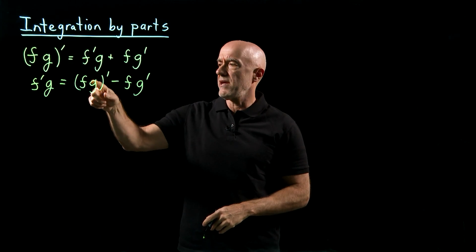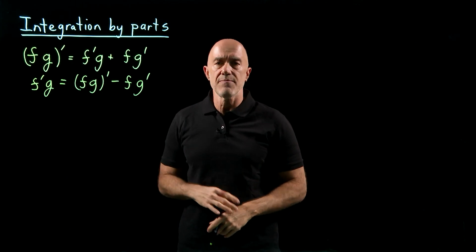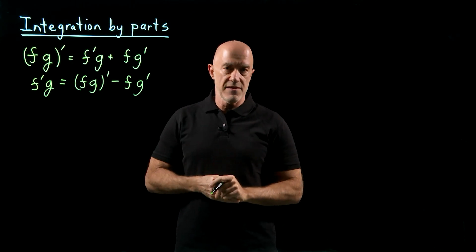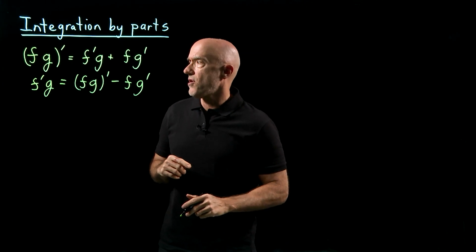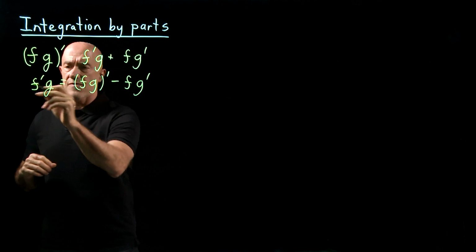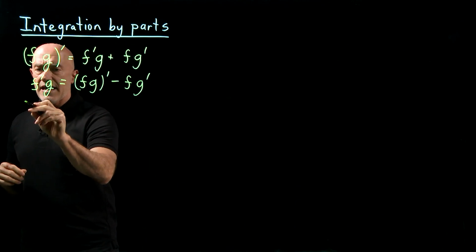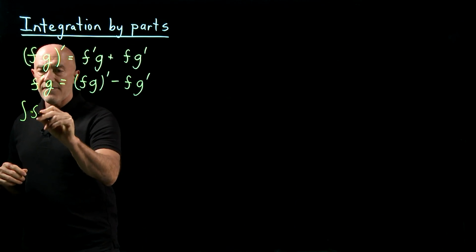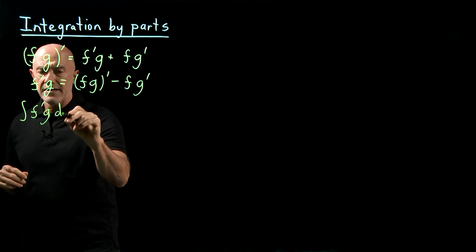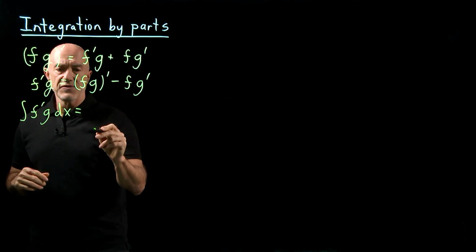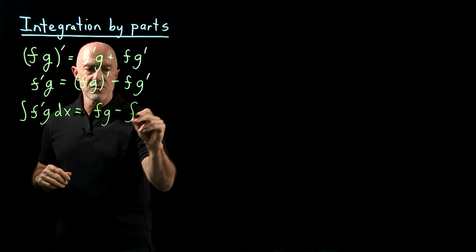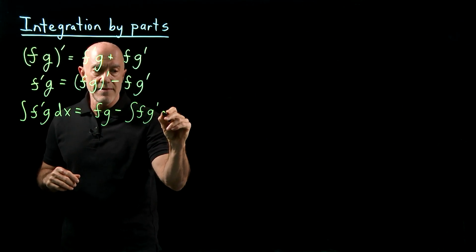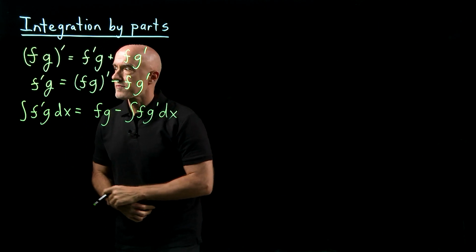This first term here is a derivative of a function, so we can just anti-differentiate immediately for that term. So if we write that out, we then have the integral of f prime g dx, integrating fg prime, so we have f times g minus the integral of f g prime dx.